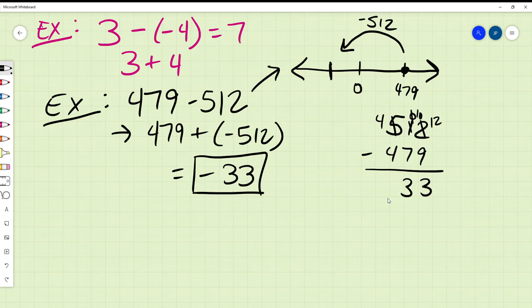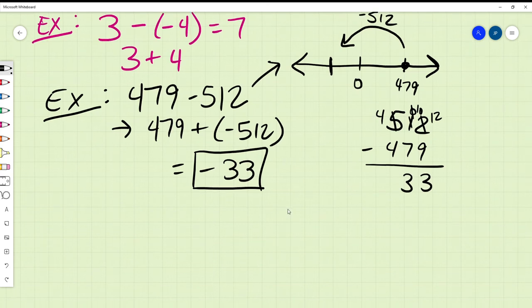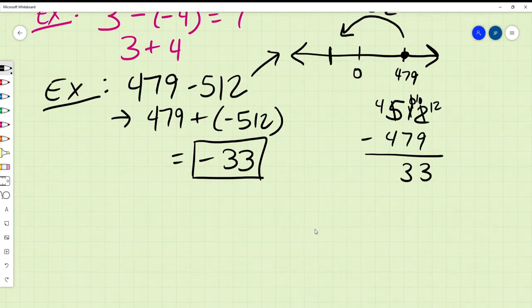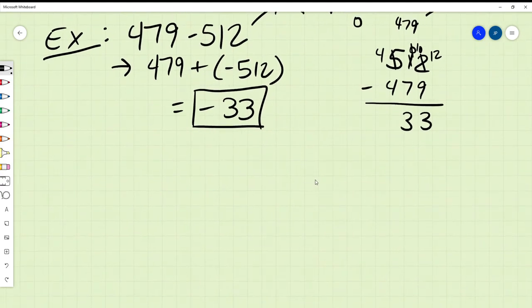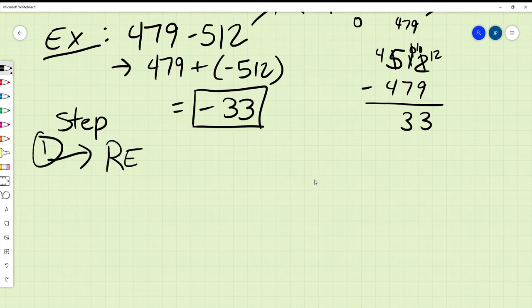And a good way of summarizing the whole add and subtract idea is, we'll say it like this. Step 1, let's rewrite whatever our problem is as an addition problem, right?